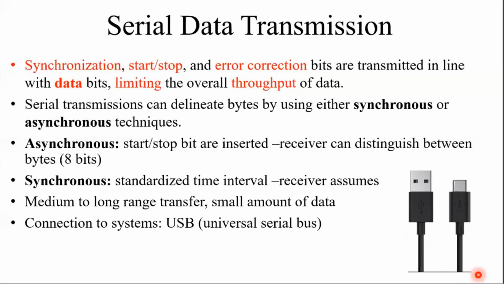You can also find serial data transmission when you connect your keyboard to your computer or PC. Another example is the mouse. All these connections use serial data transmission, so serial data transmission is implemented in all of these connections.